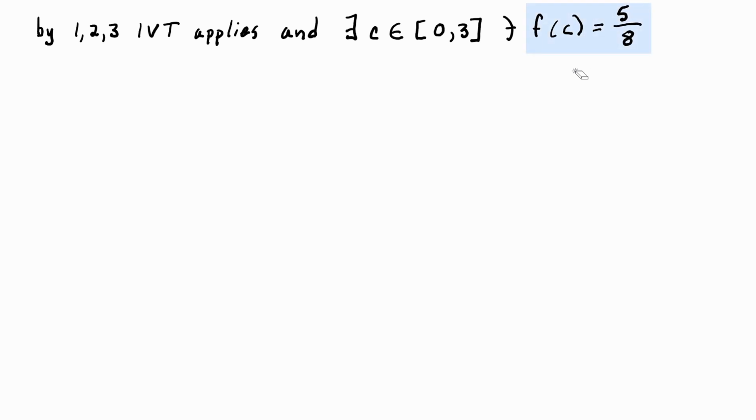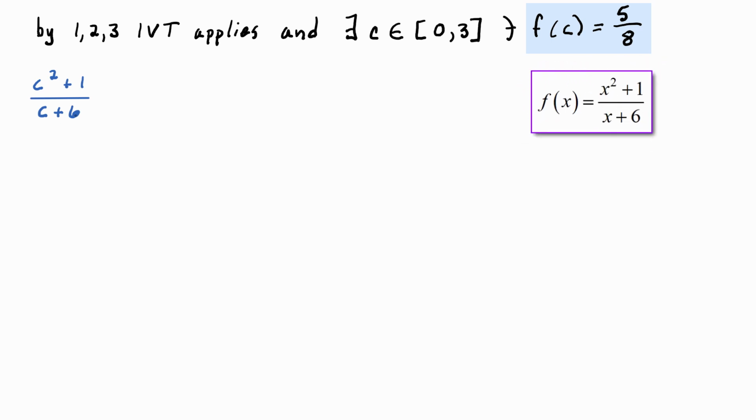So now we have to solve this equation and find the value of C. f of C would be C squared plus 1 over C plus 6, because remember, f of x was just x squared plus 1 over x plus 6. So if we're plugging in C for the x, we get this expression. And we have to set that equal to 5/8.